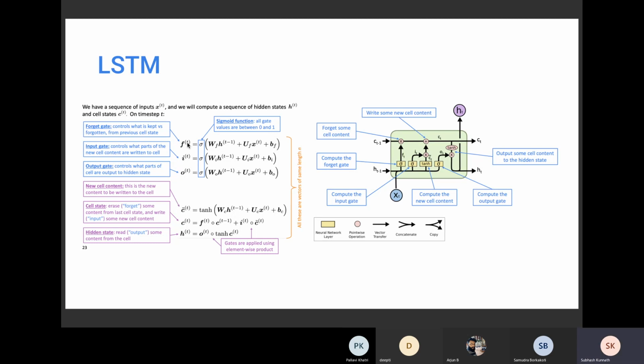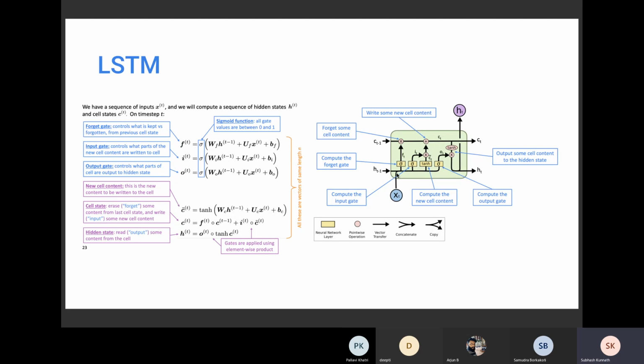What does the forget gate do? You have the previous cell state, and it determines how much of this previous cell state needs to be passed forward to the next cell state. And the input gate controls how much input needs to be passed to the cell state.